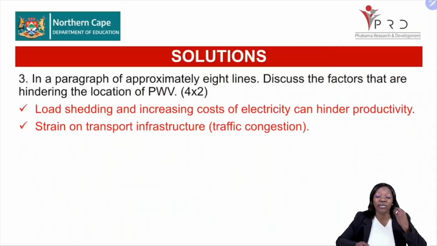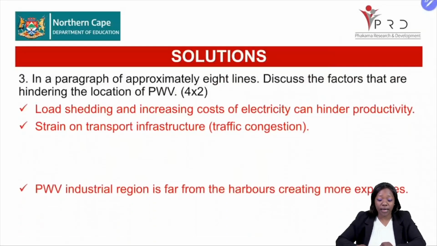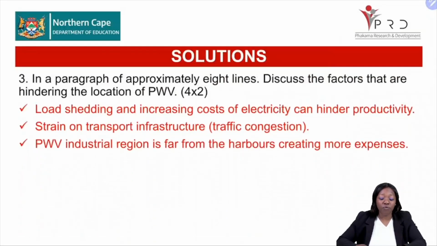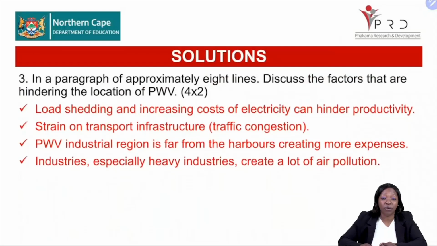So it's also time consuming. Then we're talking about the PWV industrial region being far from the harbor. Again, they are supposed to use trucks as well as cars to transport to those harbors. And also, it's another expense that is added to the industries in the PWV.